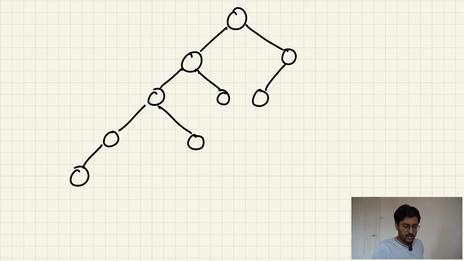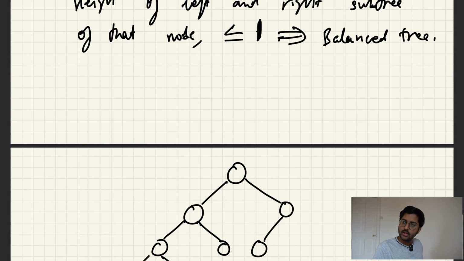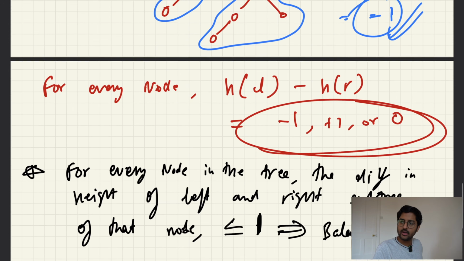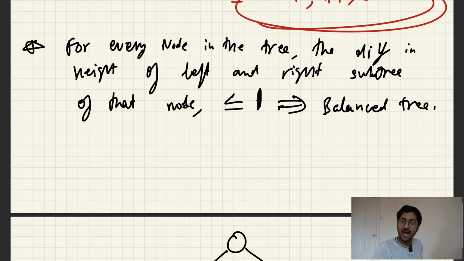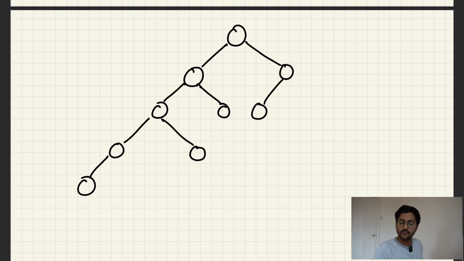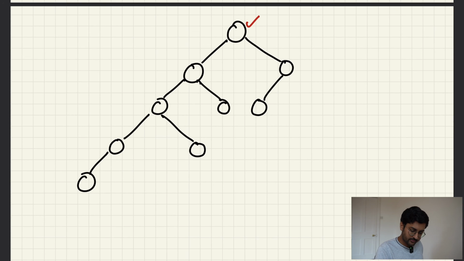Okay. Now, how do we determine, Kunal, whether this is a balanced tree or not? Look at the definition. The definition says for every node in the tree, the difference of the left and right subtree height should be less than equal to 1. Okay, then I will start checking from here. What is the height of left and right? So height of this is 1, 2, 3, and height of this is 1. So 3 minus 1 is equal to 2, not balanced.